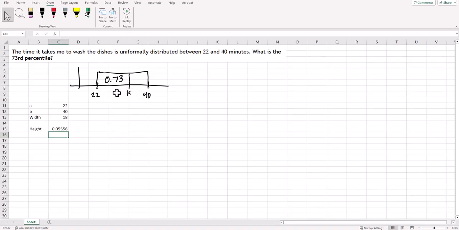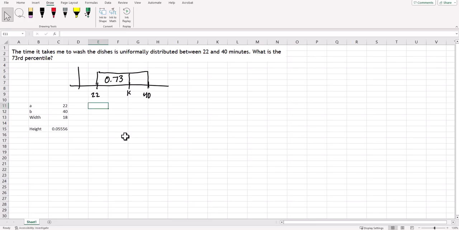Now, the height of this is 0.55, and so if I need this area to be 0.73, the height times the width, like length times width, given the area of 0.73, is what we're headed for. Now this guy here, I've got to kind of boost it up a little bit to get it large enough.